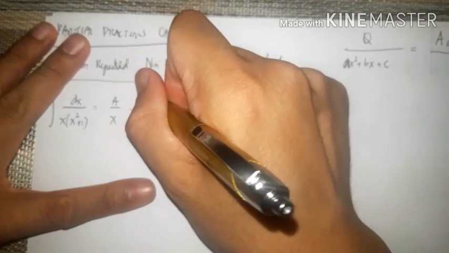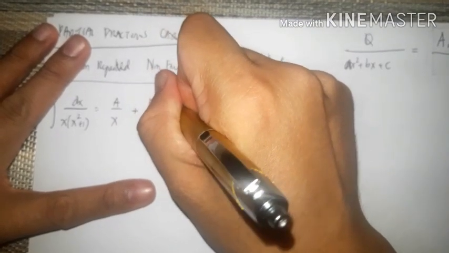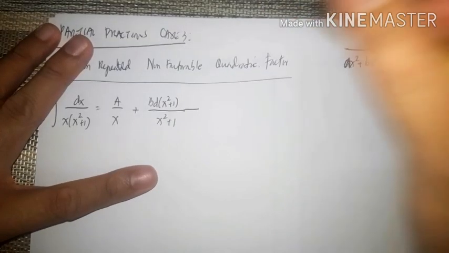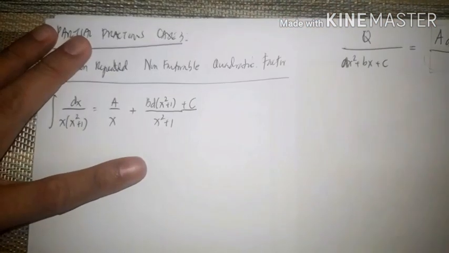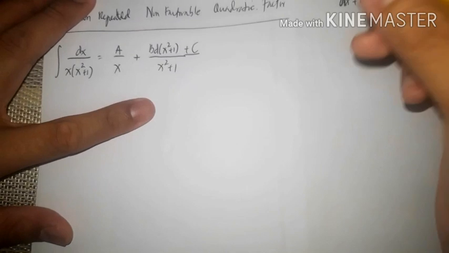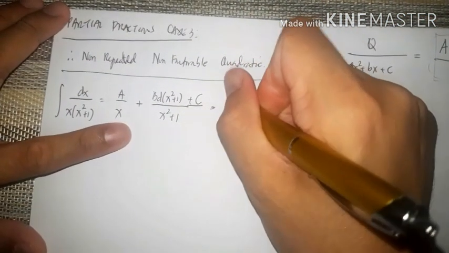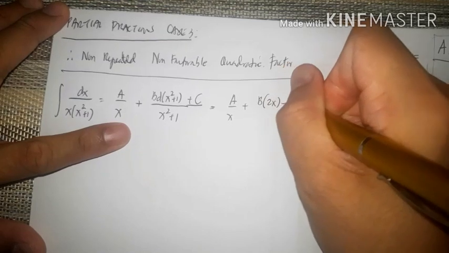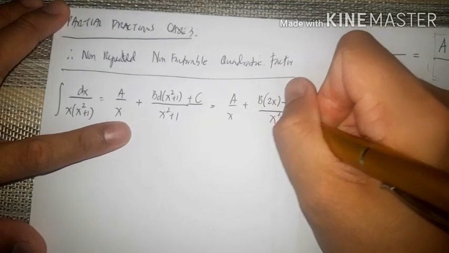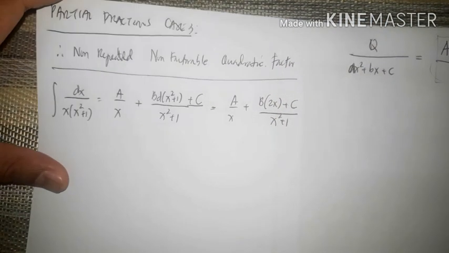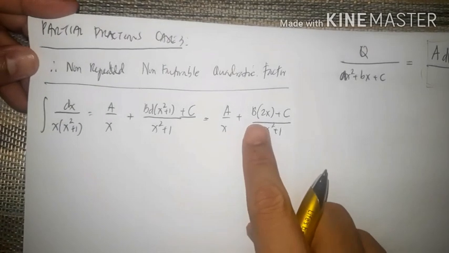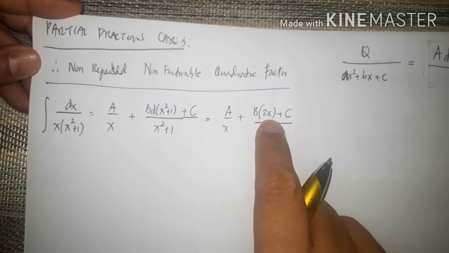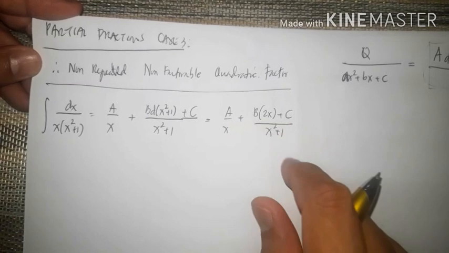So, this is b multiplied by the derivative of the denominator plus an arbitrary constant c. So, which gives a over x plus b multiplied by 2x plus c over x squared plus 1, because the derivative of x squared plus 1 is simply 2x. So, the multiplier of b here must be 2x.